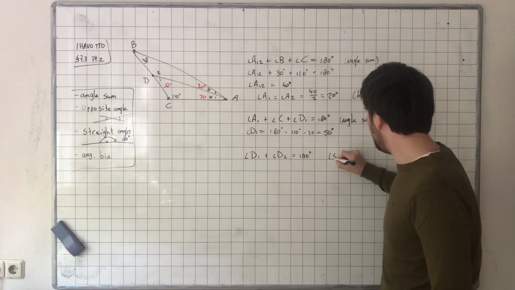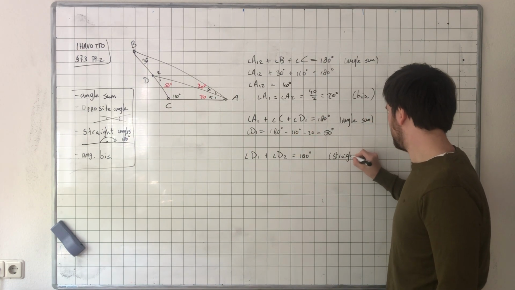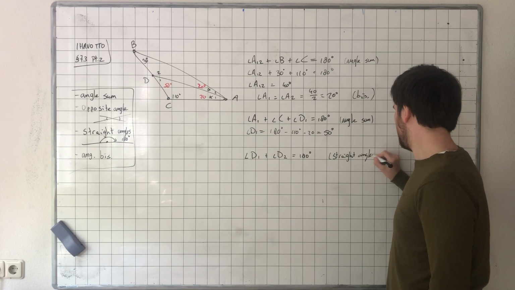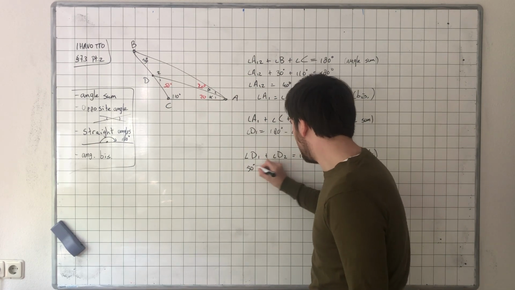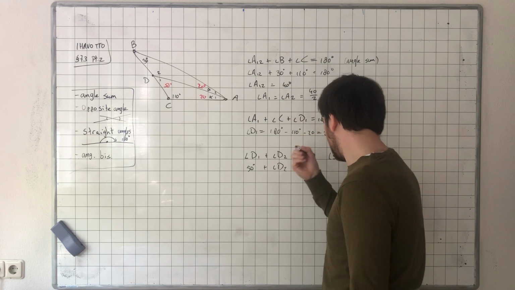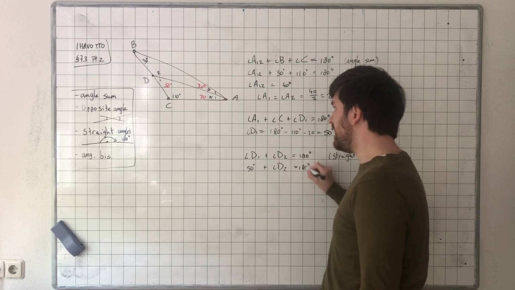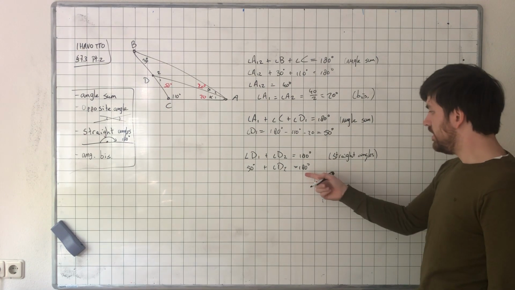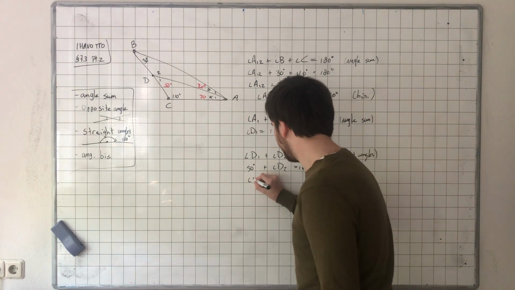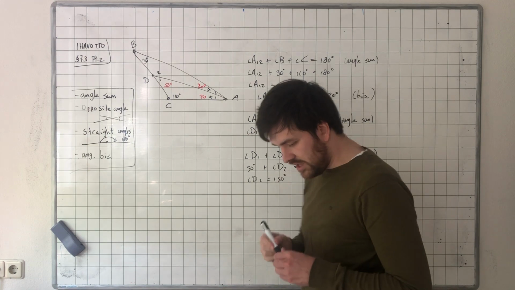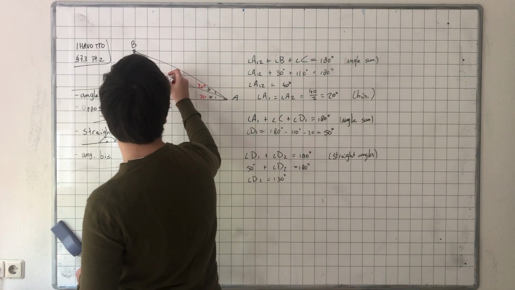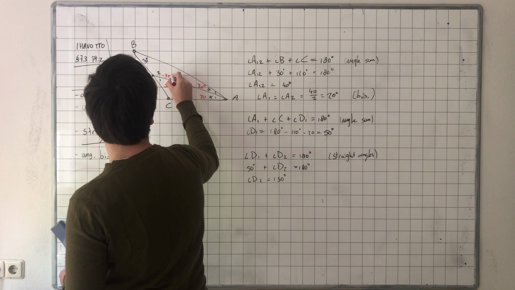So this is a straight angle. That said, we know D1, so 50 degrees plus something, D2 in this case, is 180 degrees. That means that angle D2 is 130 degrees. And by now, we have calculated every single angle in this triangle.